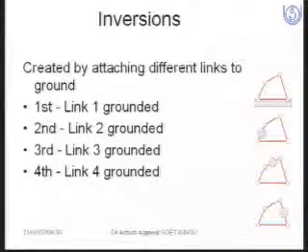Suppose we have a basic mechanism as a slider crank mechanism, that can be converted into Oldham coupling, and that can be converted into Scotch yoke mechanism. So in this way one mechanism can be converted into different shapes or different forms, only by fixing a different link.